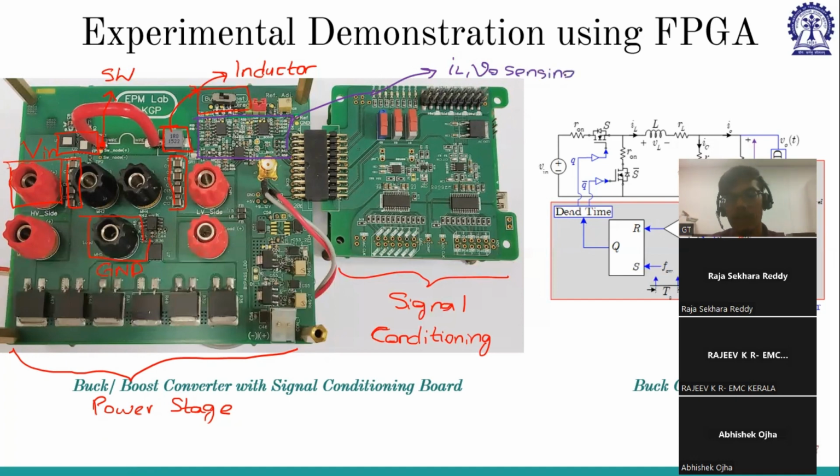So this is needed for our controller when we are using voltage mode control, current mode control. Depending upon that, we'll be using this sensed inductor current and output voltage. And this part, if you see on the right hand side, this is the auxiliary supply. So whatever auxiliary voltages like +3 volt, +5 volt, whatever that will be needed for this current sensing will be generated by the circuitry.